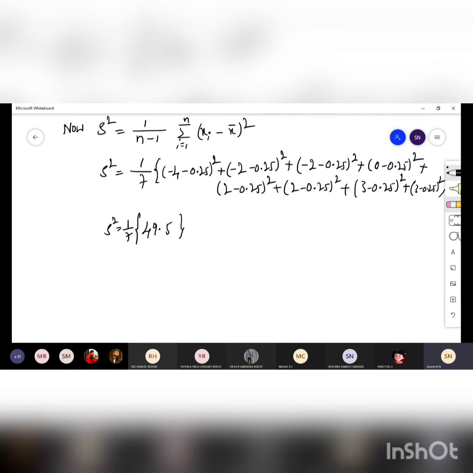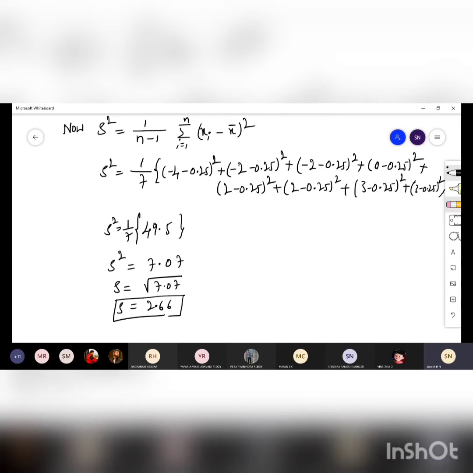When you divide by 7, you will get s square is equal to 7.07. We need the value of s. So s is equal to square root of 7.07. Then the value of s will be 2.66.